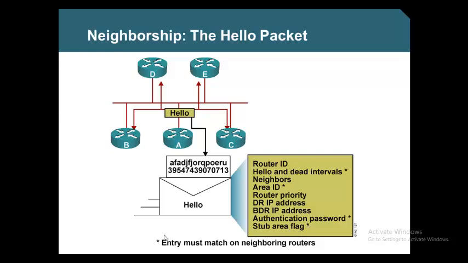That is what I'm telling you now. Why should I configure stub on all the routers? Because to form a neighbor, those fields that are marked with a star should match. That is how you should answer.